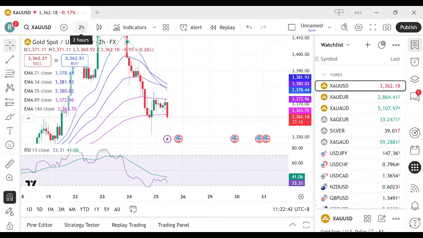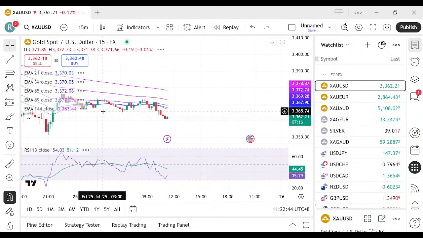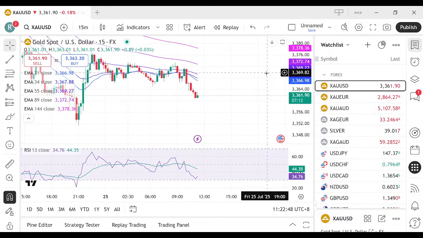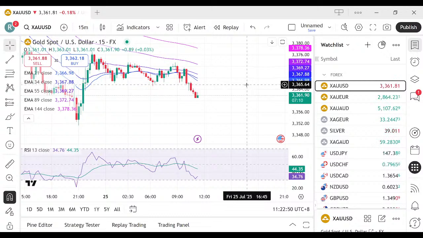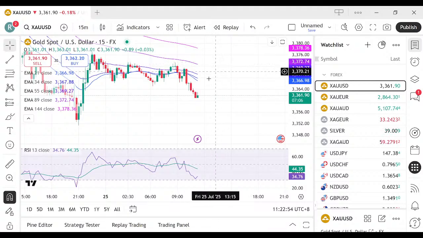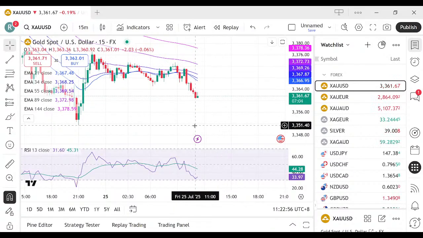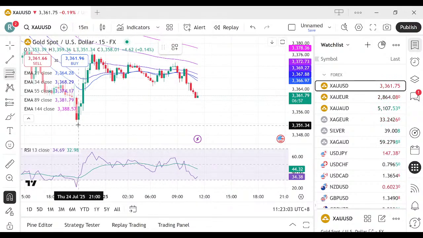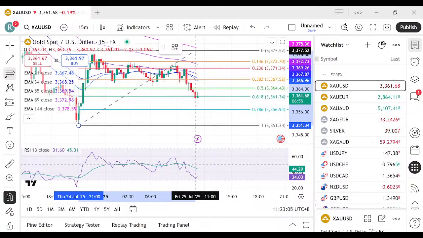Okay, so these should be the entry levels. So we have two entries and two targets. The scalping target, we want to exit before this level, which is probably we would exit at 56.